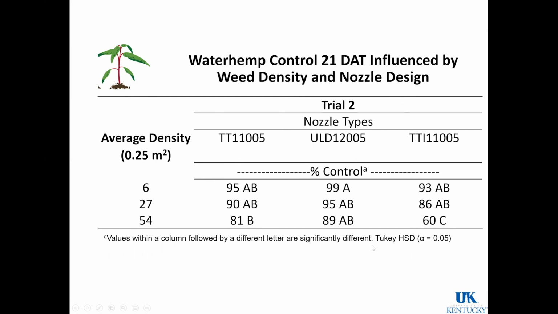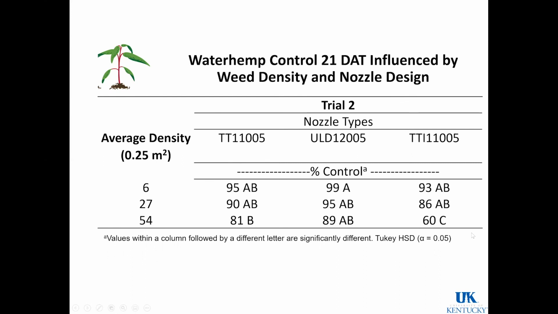And you can see here, we lost control when we're using that ultra coarse droplet producing nozzle. We lost control with that nozzle when we're spraying it on high density populations. But if we sprayed it on the low density population, we are able to get good control and equivalent control as compared to that medium droplet size producing nozzle.